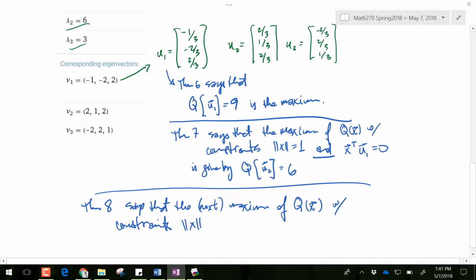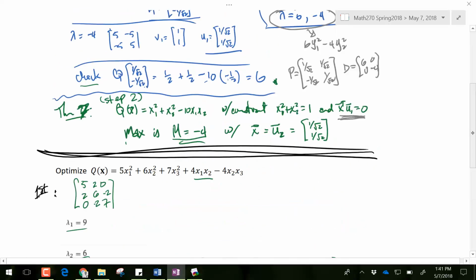So this has your original constraint and x^T u1 is equal to 0, and throw in another constraint, x^T u2 is equal to 0. So this essentially gets rid of the first two maximum values, and now the next in line for the maximum just happens to be that last one.